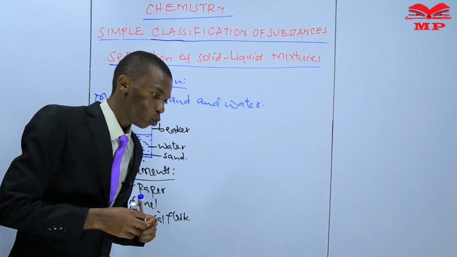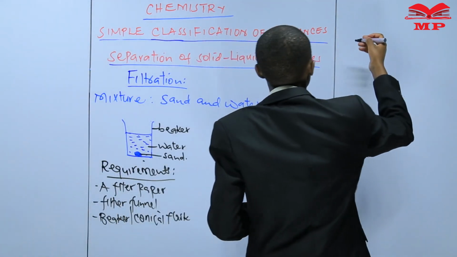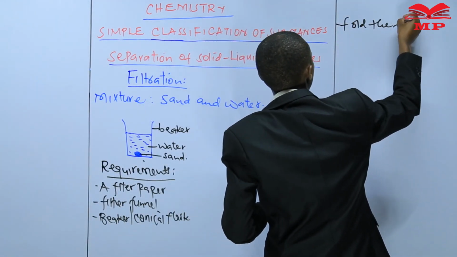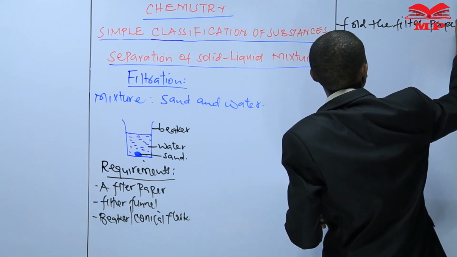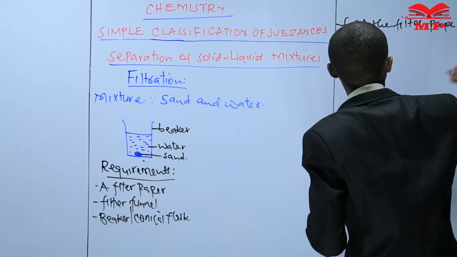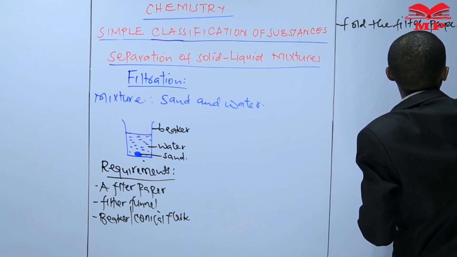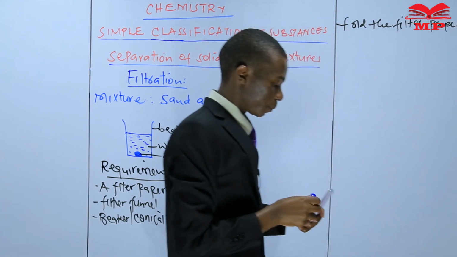So these are the requirements or how you go about it. Therefore, the first thing to do is to fold the filter paper, not the filter funnel, as shown below. This is how you fold the filter paper.